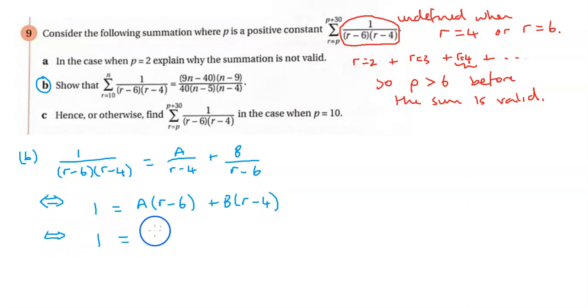And so we get that 1 is equal to negative 2a, using r equals positive 4. And then we also get that 1 is equal to 2b using r equals 6.